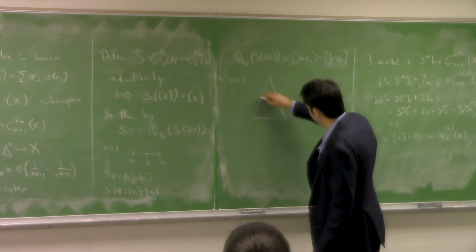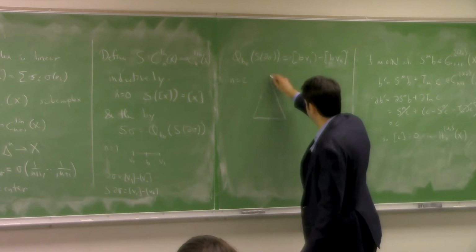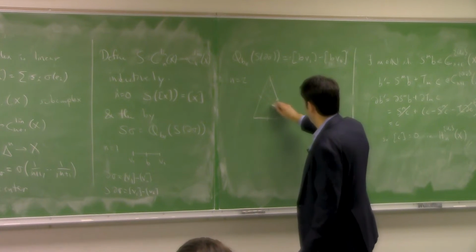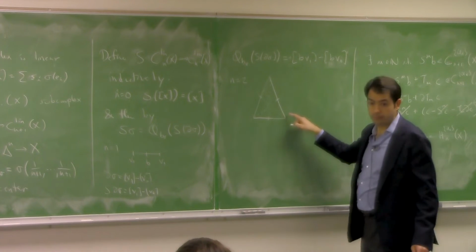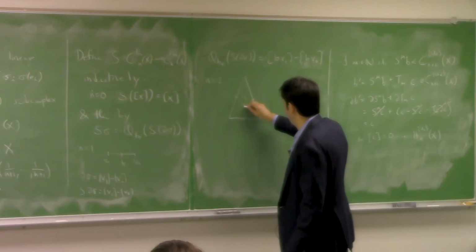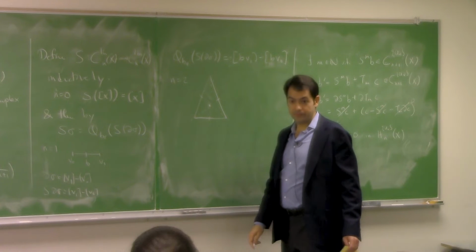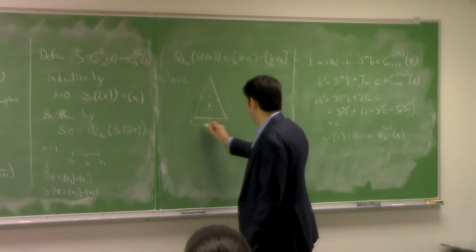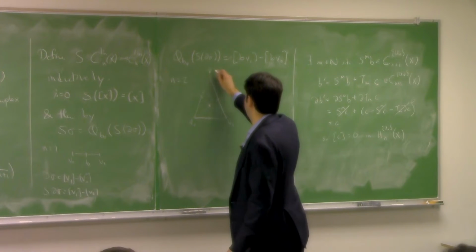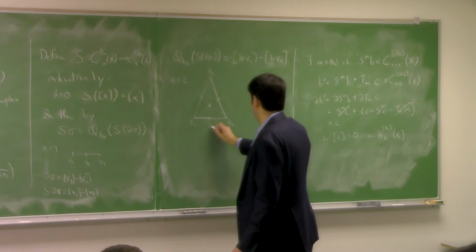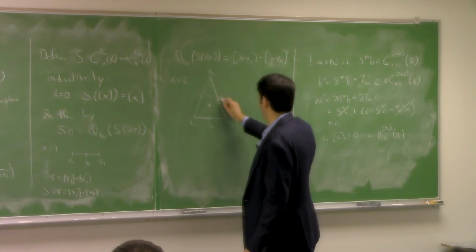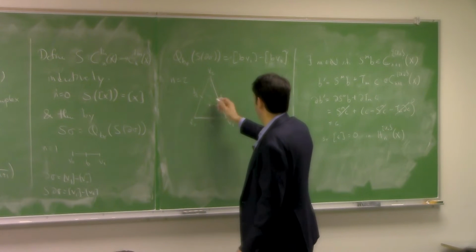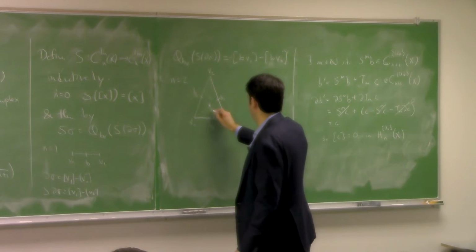Then if you join the vertices with those halves, that gives you the very center of the triangle. So we're going to end up with, let's say, v0, v1, v2. Let's say that this is b0, b1, b2, and then this is b3.